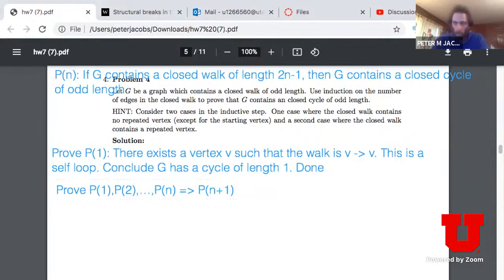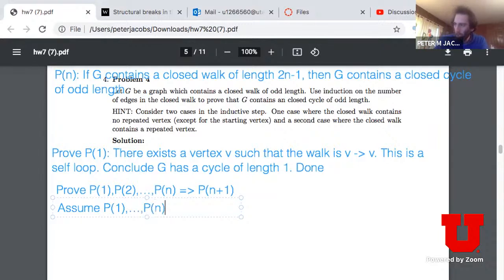So to do that, we assume all of these things, P of 1 through P of n minus 1, and P of n.